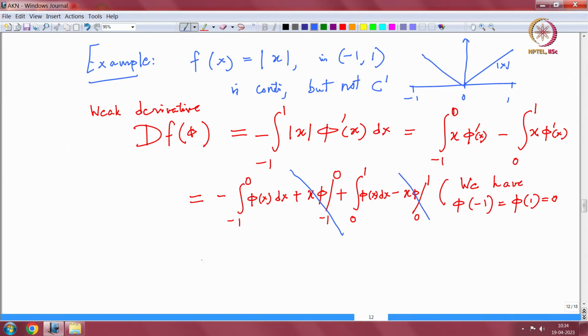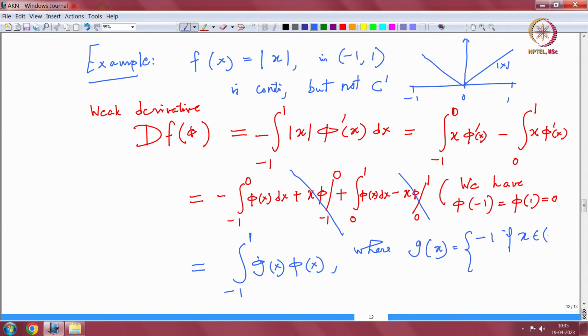Now, with this I can write the integral from minus 1 to 1 of phi of x times g of x dx. I will define what is g of x, where g of x is equal to minus 1 if x belongs to minus 1 to 0 and plus 1 if x belongs to 0 to 1.